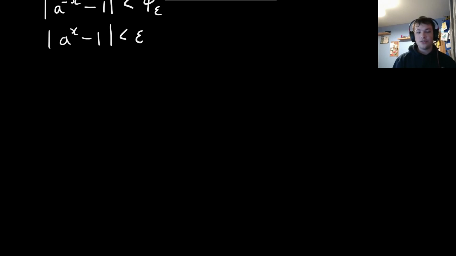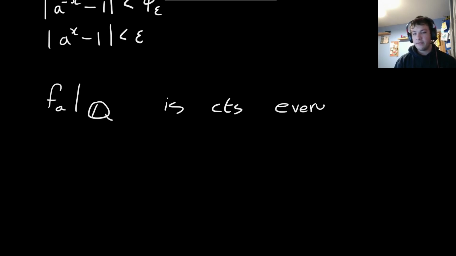And then that extends to being fA, restricted to the rational numbers, is continuous everywhere in the rational numbers. Okay, because we can use the multiplicative rules of exponentiation to drag our continuity around.